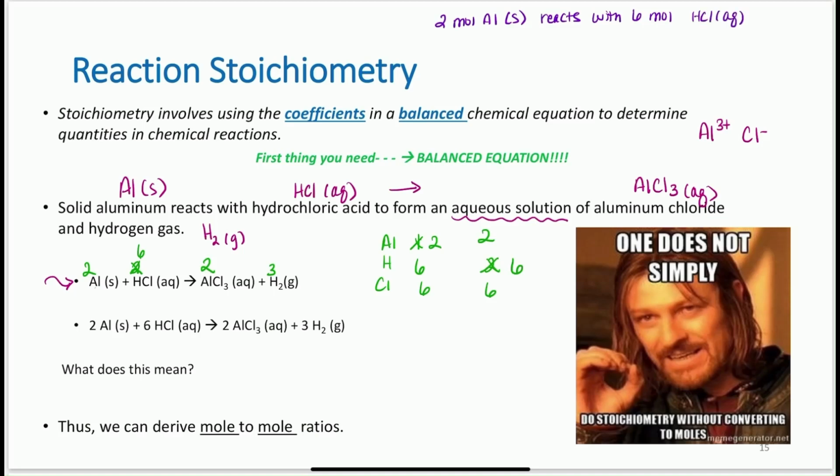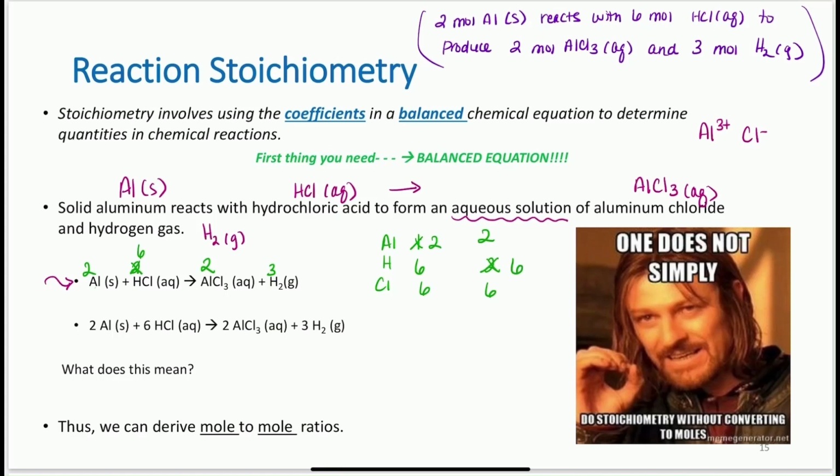I'm just not writing out the whole word, but you should write out hydrochloric acid, to produce, or to form, and to produce mean the same thing, 2 moles of aluminum chloride, aqueous, and 3 moles of hydrogen gas. So it's telling me the number of moles.